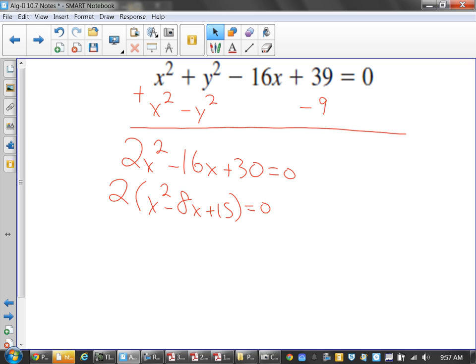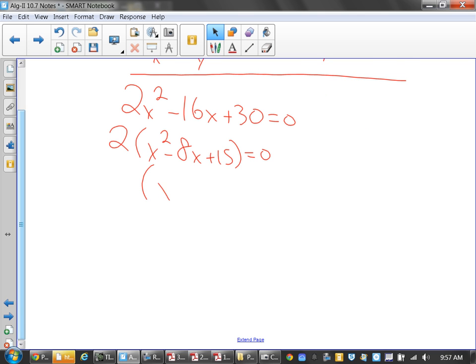The 2 can go away because I have it set equal to 0. So what are my 2 terms going to be here? Negative 5, negative 3. The zeros are 5 and 3. Very good. So my terms, x minus 5, x minus 3, give me zeros of 5 and 3, which means my x coordinates for the possible solutions are going to be 5 and 3.